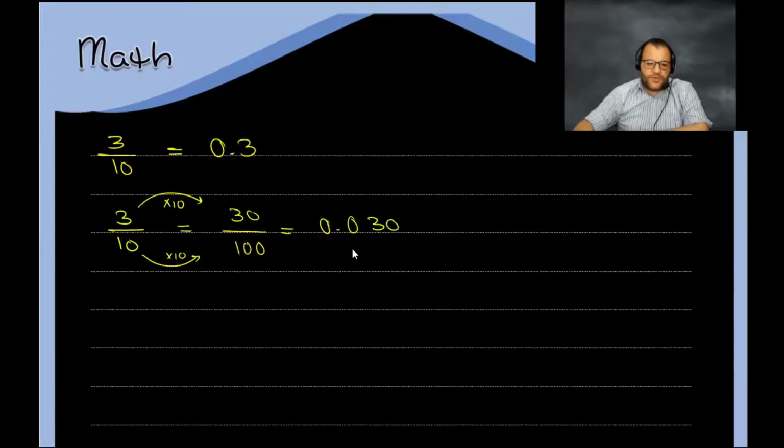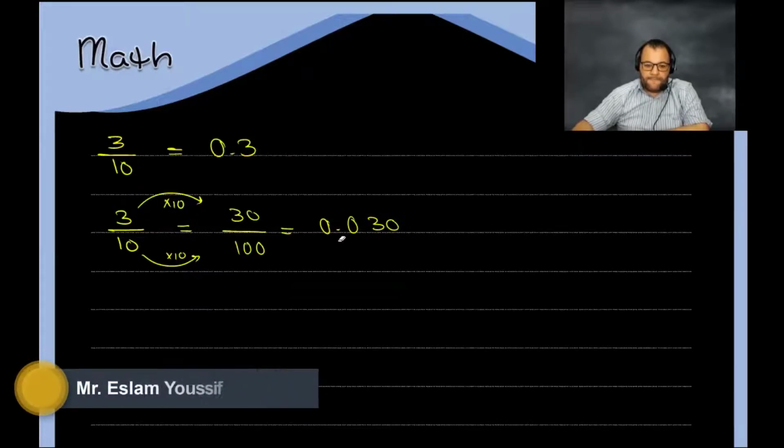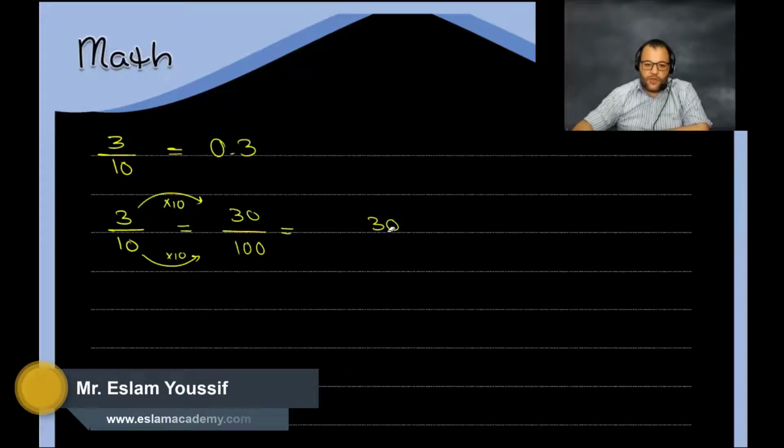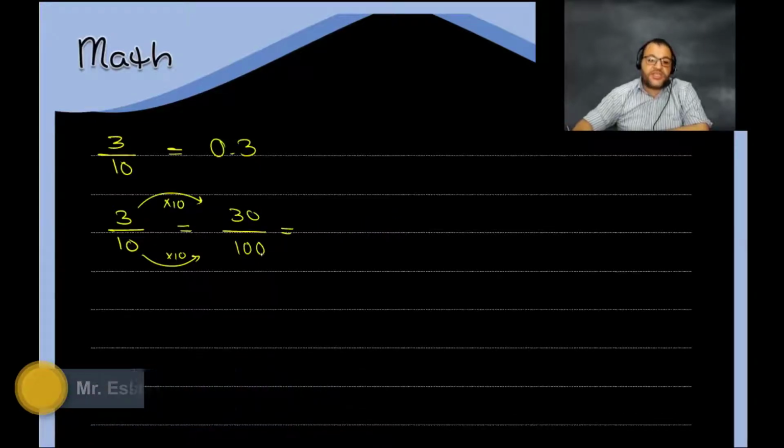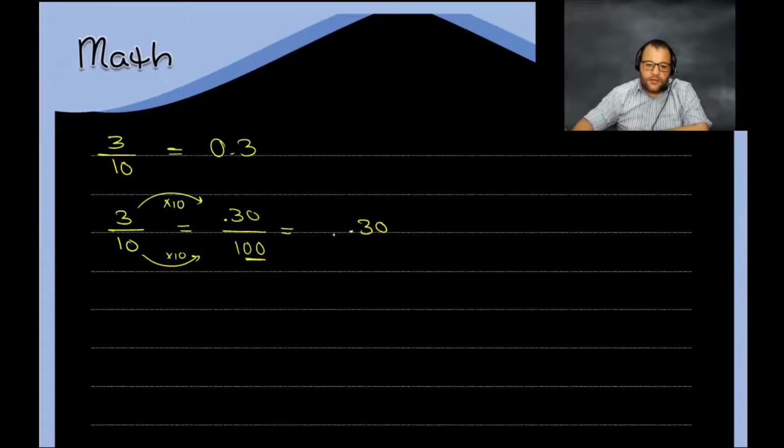Okay, how do you convert that to a decimal? At first, count the zeros down. Count the zeros: 1, 2. So the decimal point will be after 3, so it will be 0.3.